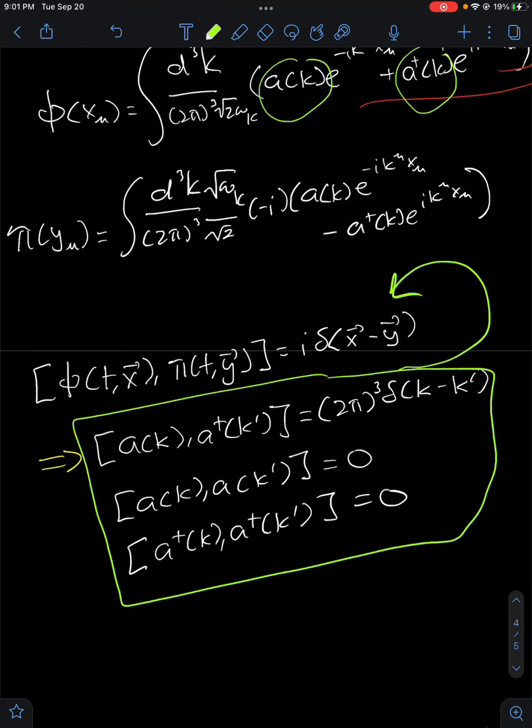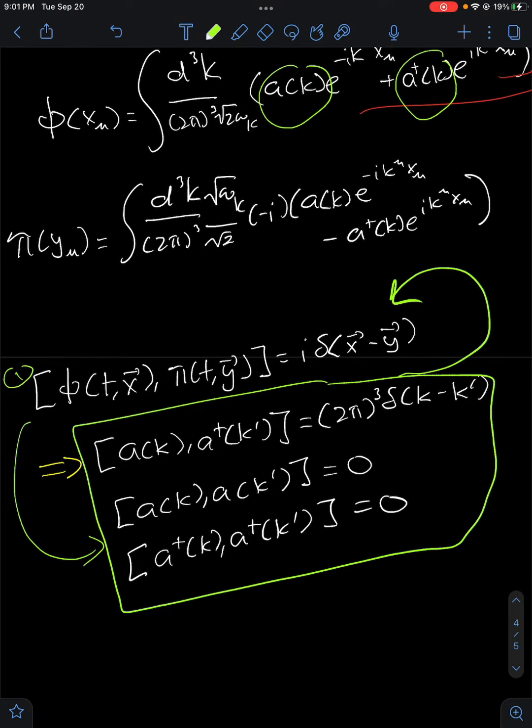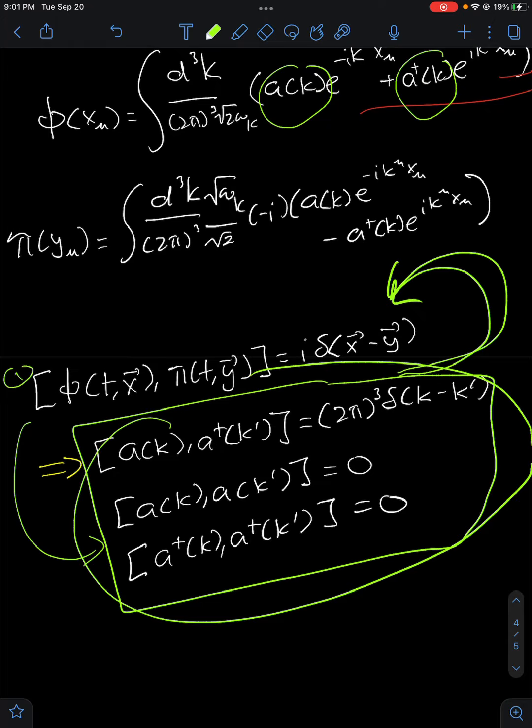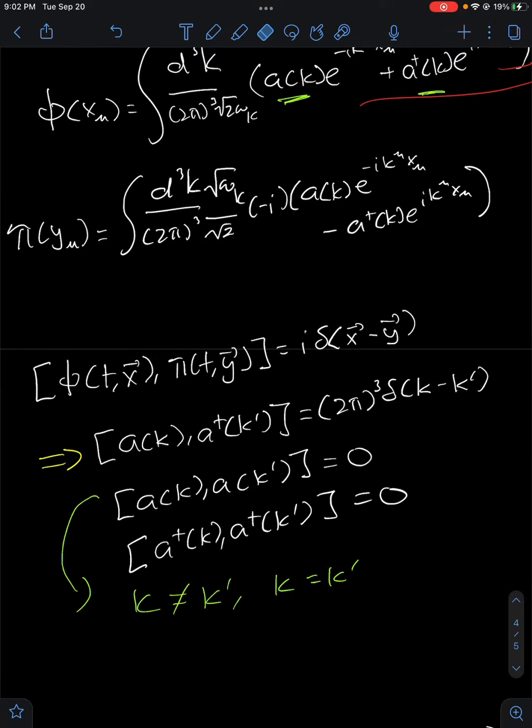Most people like to start off with this one and then derive these relations over here, since it feels more axiomatic, I would kind of say. But it is more practical to actually work with these 3 and then go to this first form. So these commutators that you see are really important since we are going to be using them a lot.